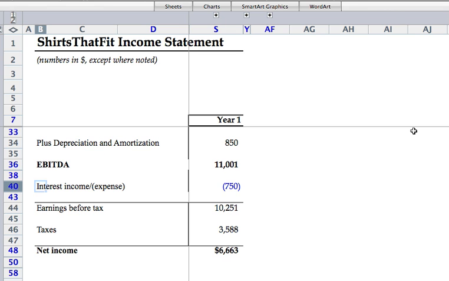After subtracting out the interest income/expense line, we come to the earnings before tax. One more step is we subtract the income tax expense for the company, and then we arrive at what we call net income. Net income is the amount of profit or loss that a company produces over a specific time period.